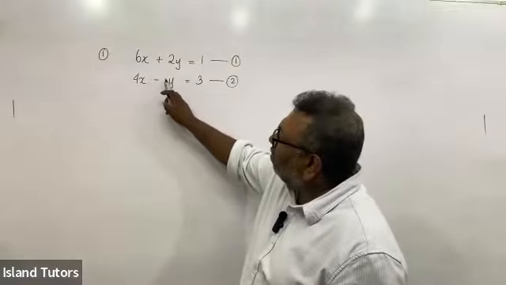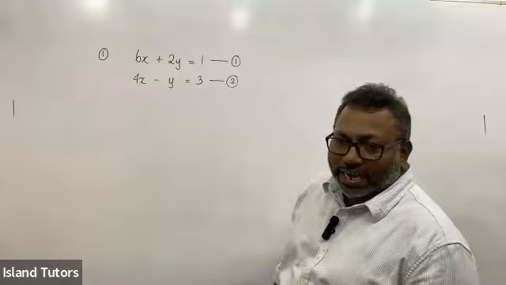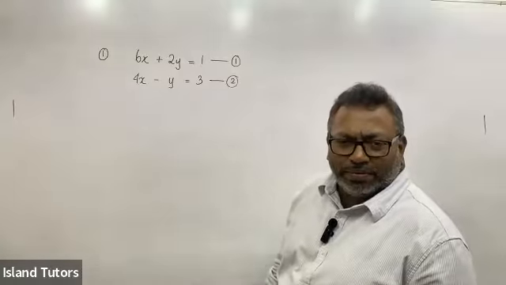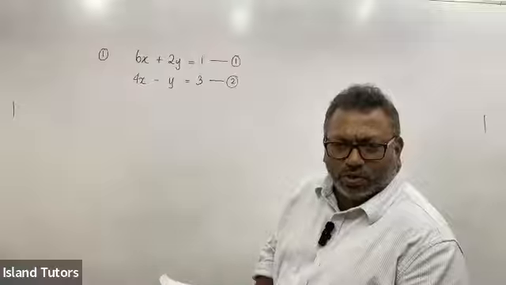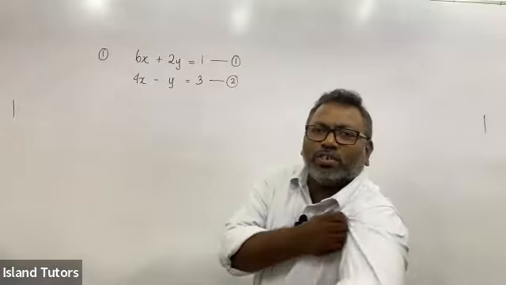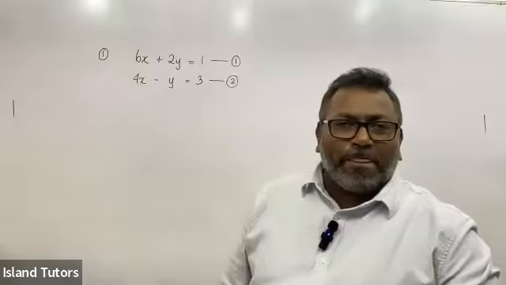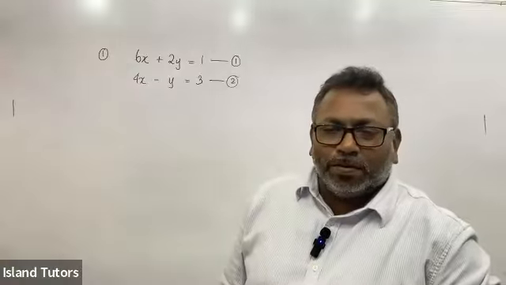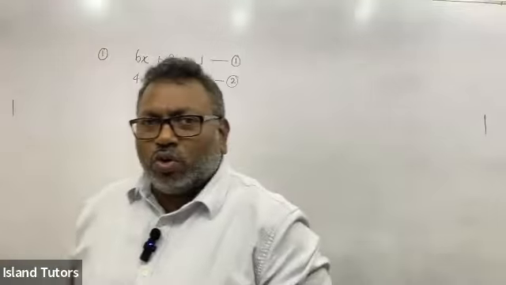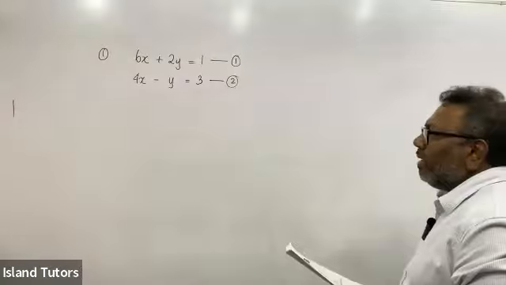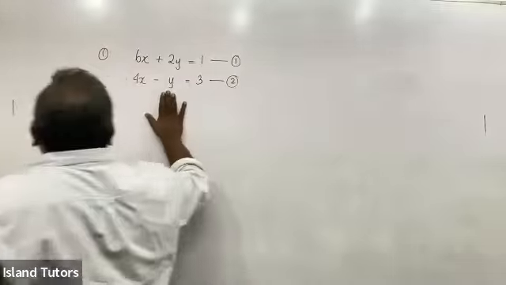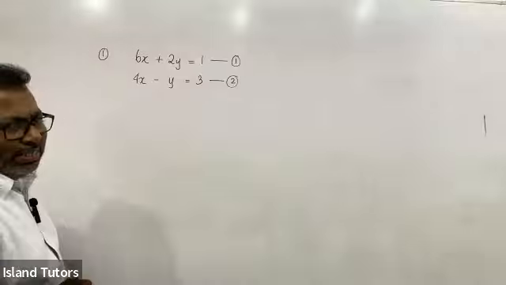So, what is the lowest common multiple of 2y and y? Anybody? 2, sir. 2? Yes, sir. 2. Good. So, we make 2 the common coefficient.